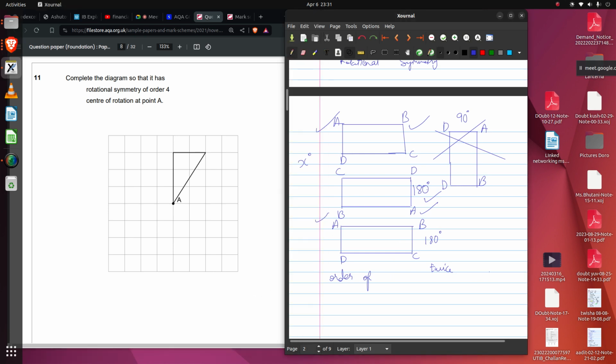So you say it is of order 2 in my example of the rectangle. Is that correct? Because I have rotated twice.